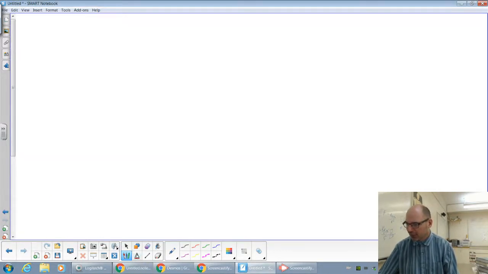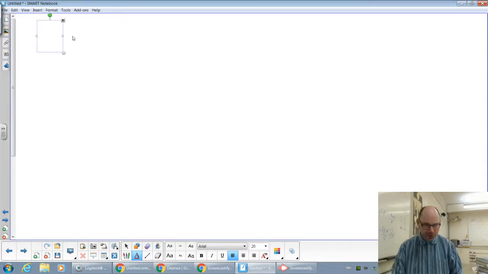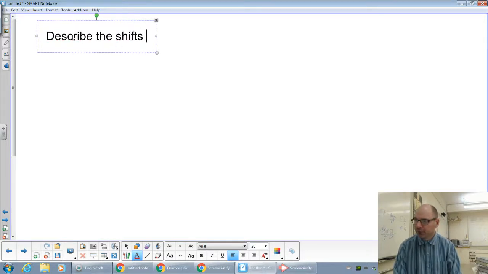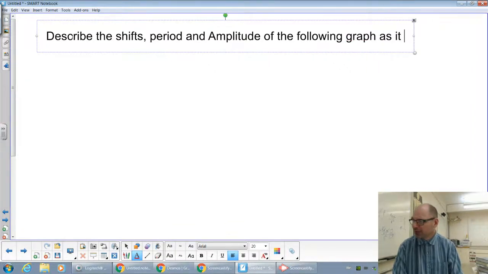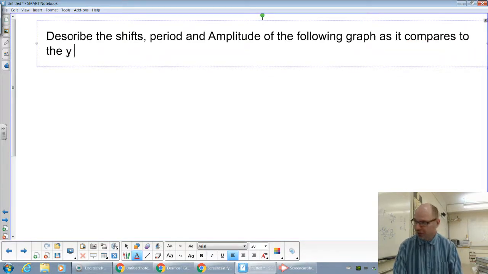Okay, so let's say, describe the shifts, period and amplitude of the following graph as it compares to the y equals cosine x graph.